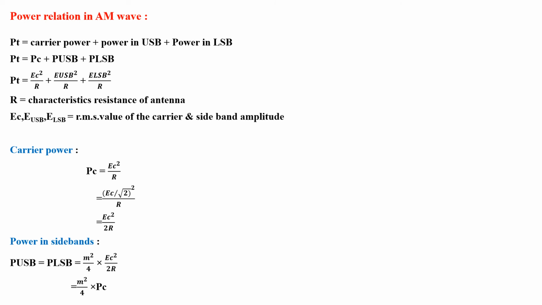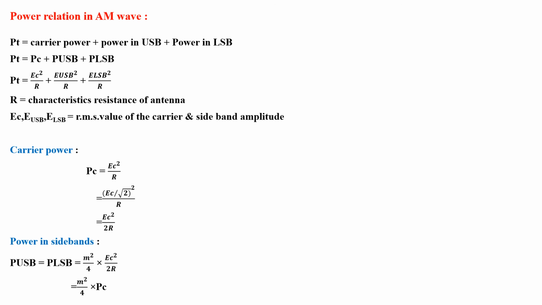Let us discuss power relations in the AM wave. Generally, the total power used in the AM wave is denoted by PT, and it is the addition of carrier power, power in USB and power in LSB. So we write PT equals PC, called the carrier power, plus PUSB, called the power in USB, plus PLSB, called the power in LSB.